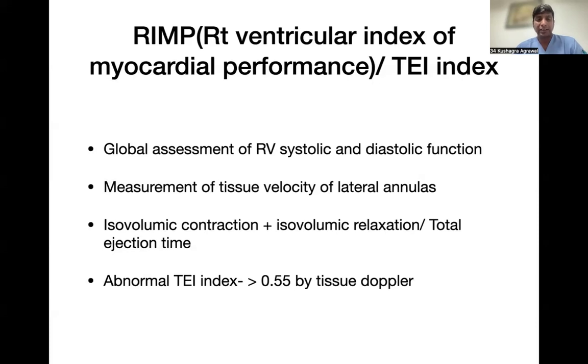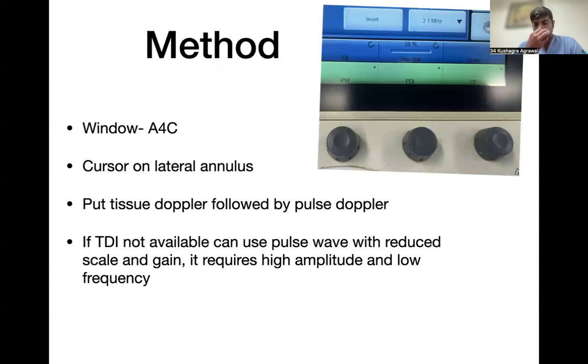So the Tei index is isovolumetric contraction time plus isovolumetric relaxation time divided by total ejection time, and the Tei index should be less than 0.5 by tissue Doppler. So how do we measure this Tei index? Apical four-chamber view is required, and we put the cursor on the lateral annulus, and after that we put the pulse Doppler.